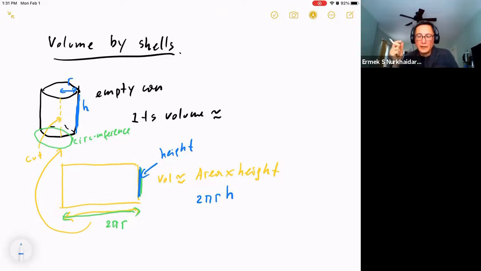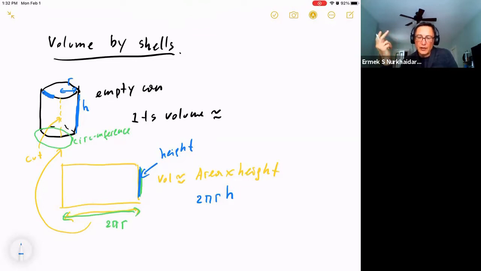And the height is going to be the thickness of a piece of paper. So how thick is that piece of paper? To measure the thickness, we go to our original shell, our original can. We measure the outer radius and the inner radius, and take their difference.